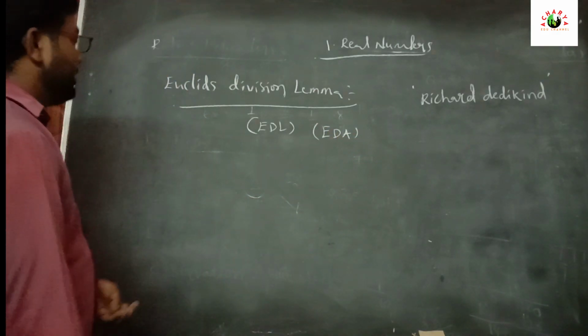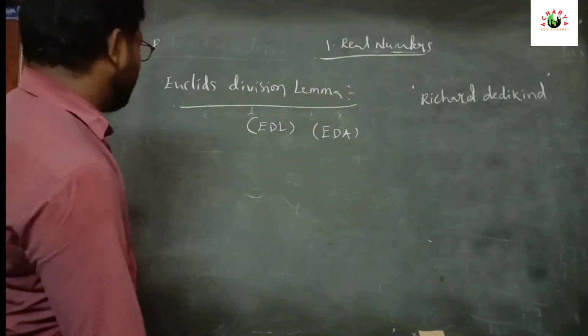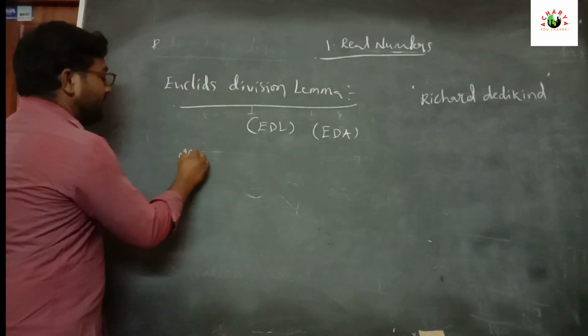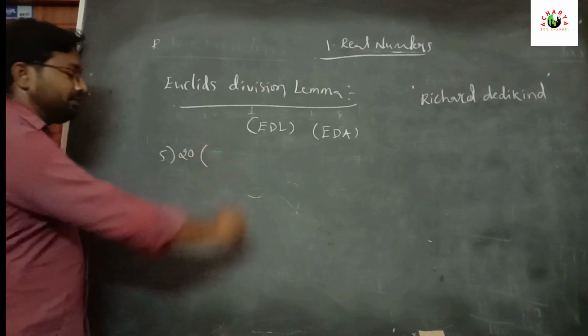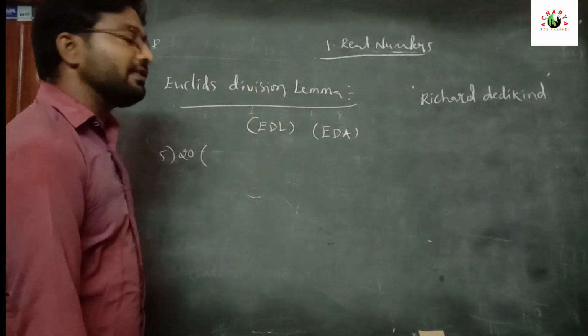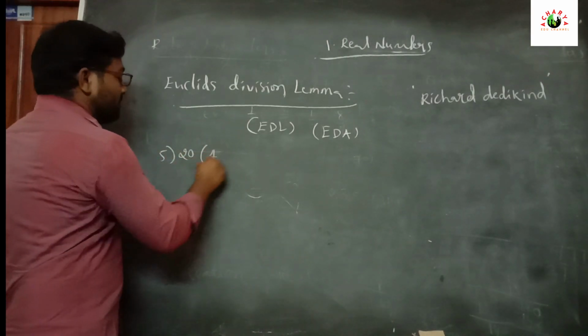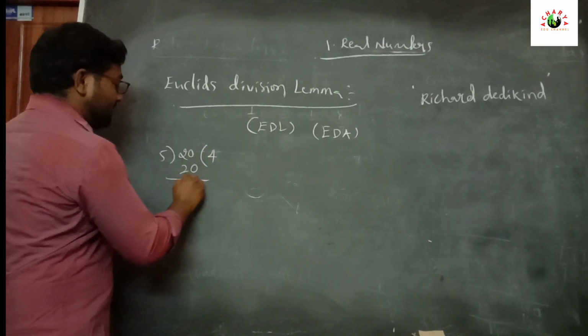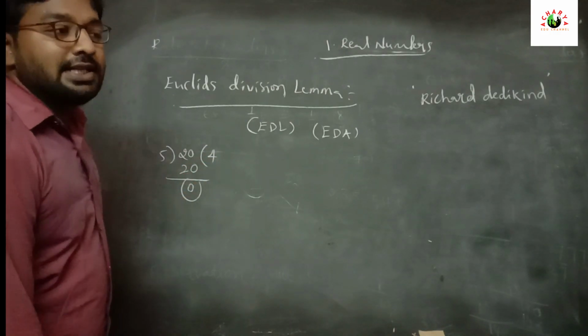Let us discuss with an example. If 20 is divided by 5, 5 fours are 20, and the remainder is 0.